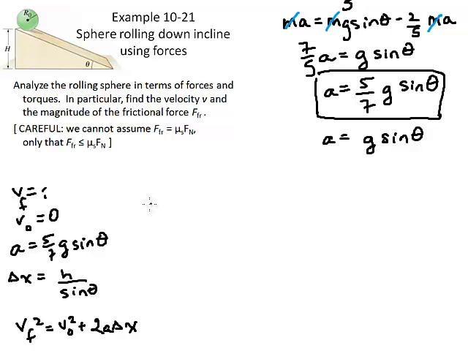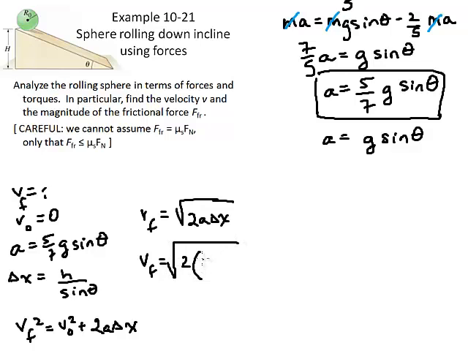When we rearrange that formula, we get that the final velocity is equal to the square root of 2a delta x. So that is equal to the square root of 2 times a, which is 5/7 g sine theta, times x, which is h over sine theta.